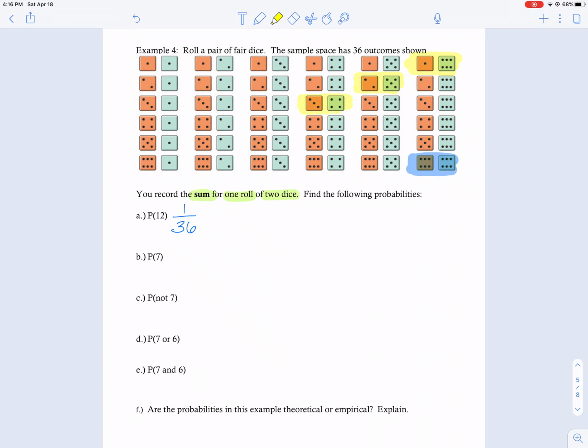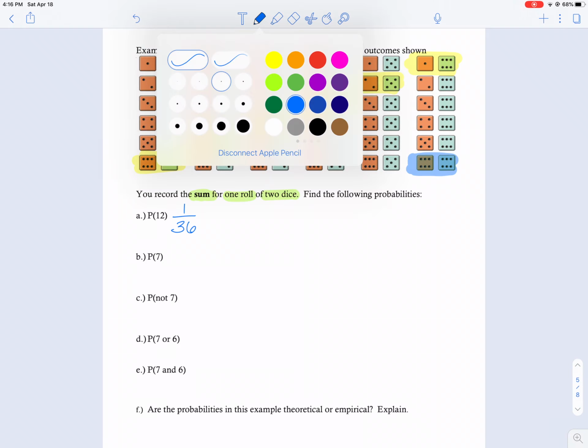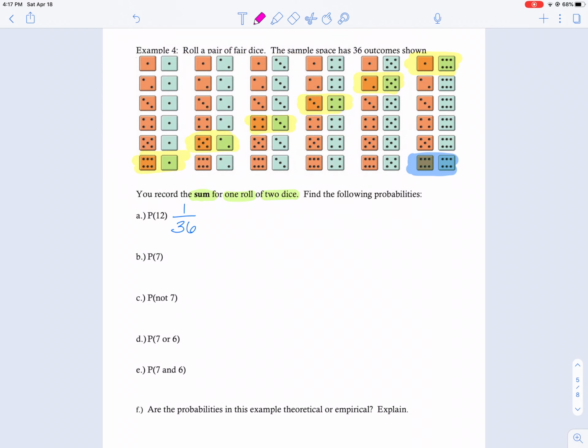Notice it's going in a diagonal. 4 plus 3 is 7, 5 plus 2, 6 plus 1. So in that yellow, I hate to write in yellow, I shouldn't have highlighted in yellow, but whatever, your probability of getting a sum of 7 is 1, 2, 3, 4, 5, 6 out of 36.